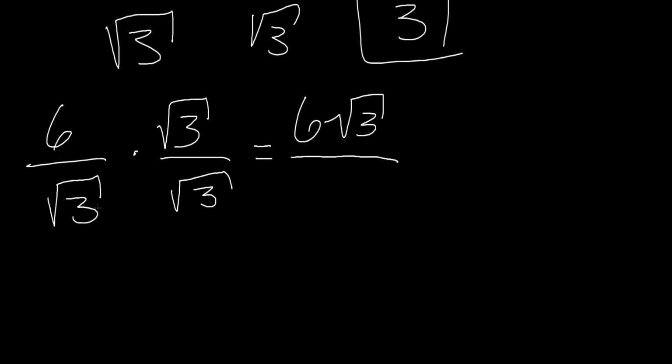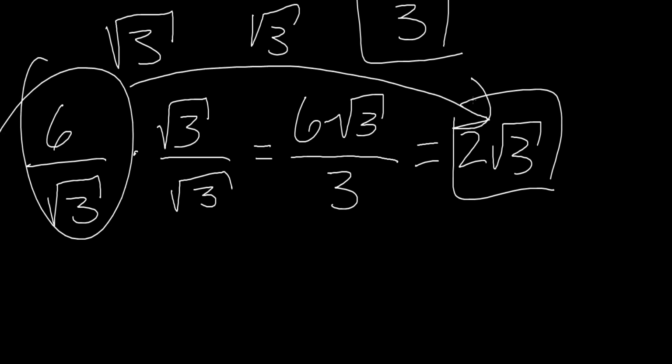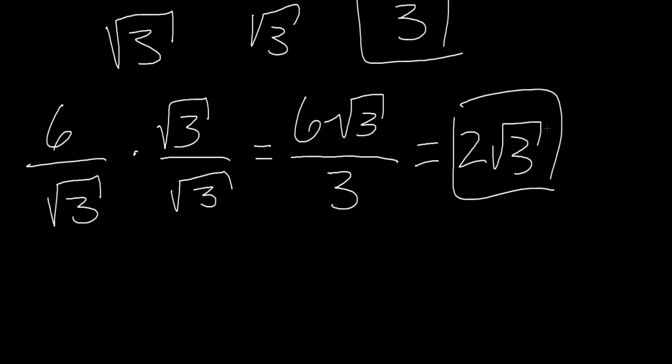On the bottom we get root 3 times root 3, which is root 9, and the square root of 9 is 3. Now we can simplify further because 6 divided by 3 is 2, and we still have the root 3 from before. So this is equal to 2 root 3. See how we're able to get from 6 root 3 over 3 all the way to 2 root 3. It's so much simpler to write 2 root 3 than 6 over root 3.